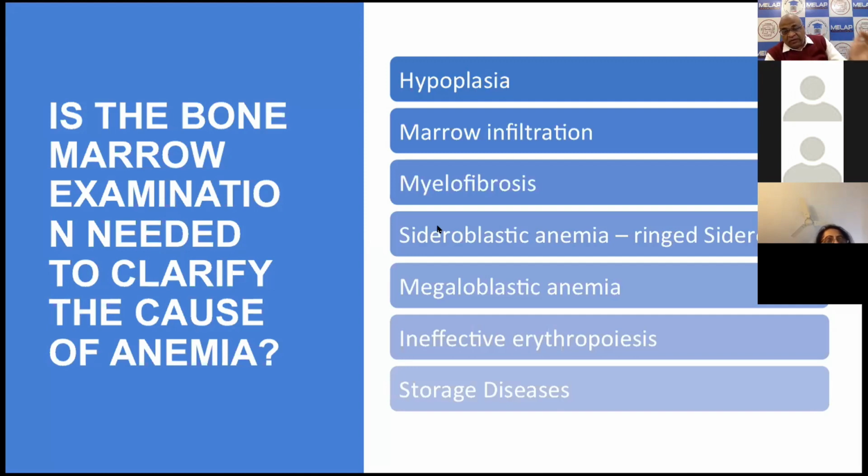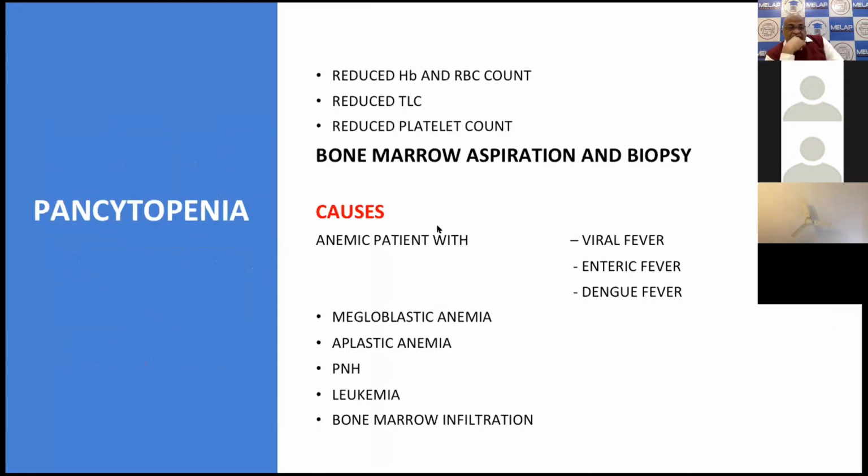We want to rule out any occult hematological malignancy, because these may produce megaloblastic anemia because of folate deficiency, which is occurring as a result of rapid cell turnover. So this we have to keep in mind, or ineffective erythropoiesis or storage disease like Gaucher disease, etc. Bone marrow examination helps us.